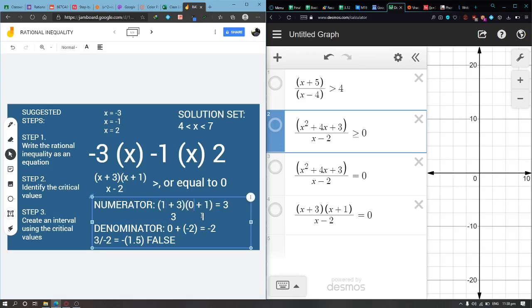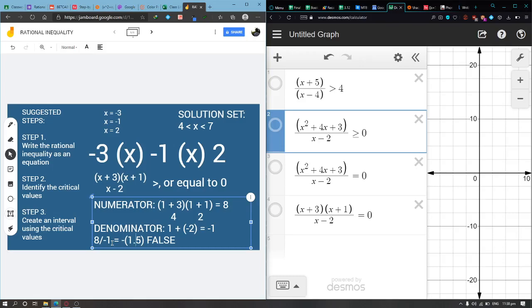So, 1, and then 1, and then, sa denominator, 1 din. So, 1 plus 3 is equal to 4. 1 plus 1 is equal to 2. So, kung 2 yan, 4 times 2 is equal to 8. So 1 plus negative 2 is equal to negative 1. Yan. So kung negative 1 yan, ano itsura ng ating fraction? The fraction is 8 over negative 1.